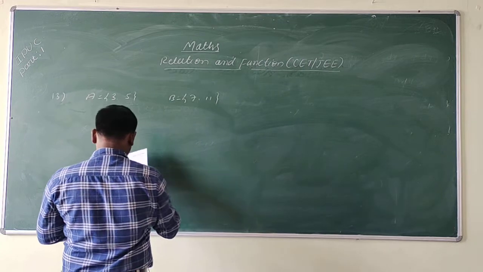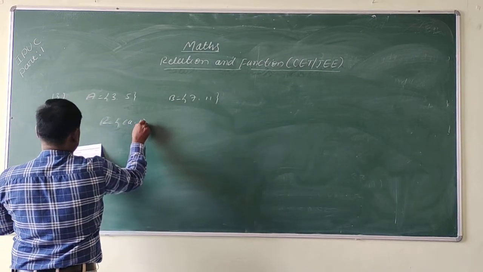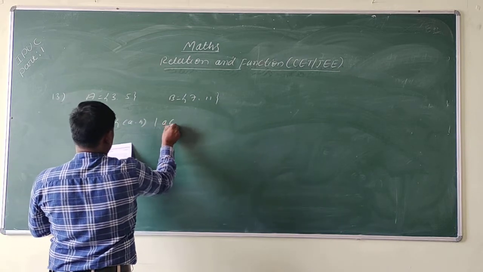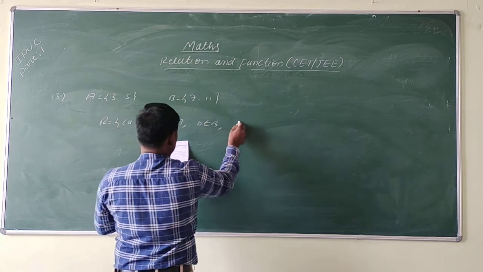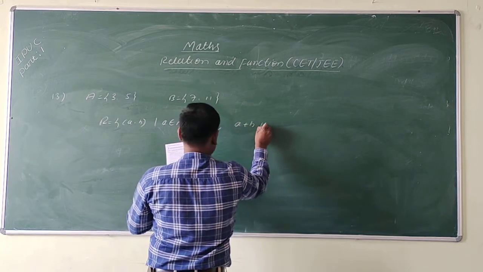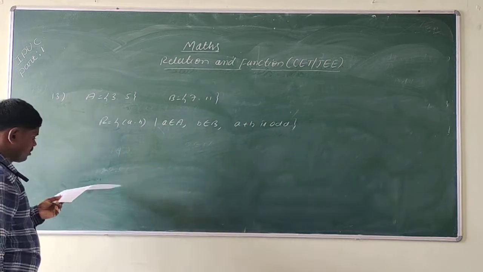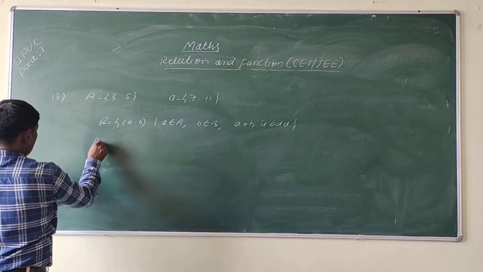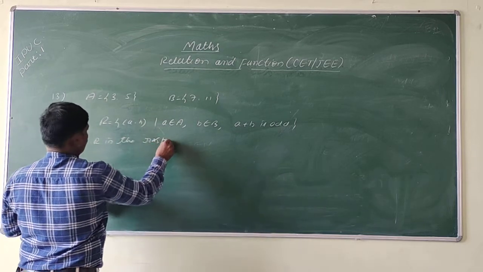And R is defined as R equal to the set of all ordered pairs (a, b) such that a belongs to A, b belongs to B, and a plus b is odd. It is given like this. Then R in the roster form.